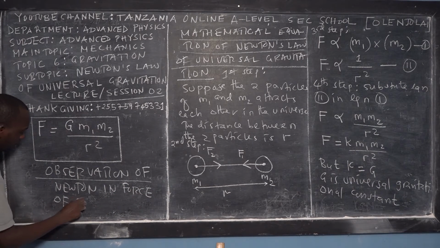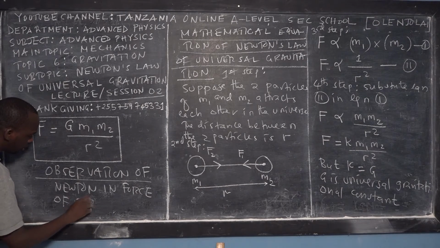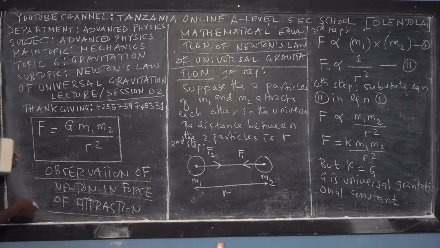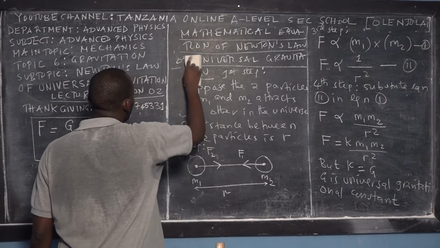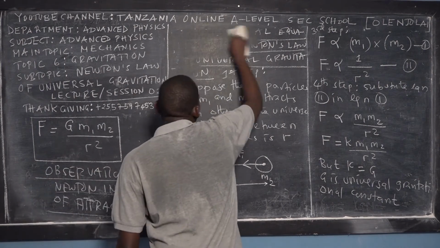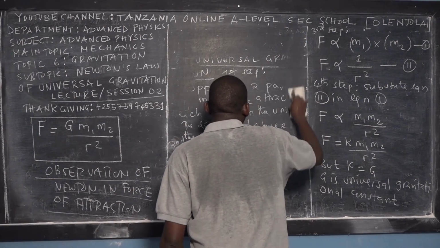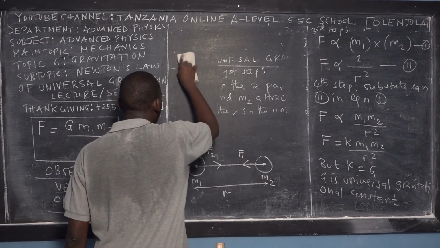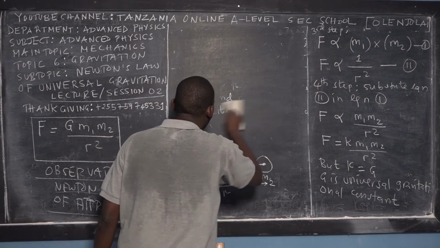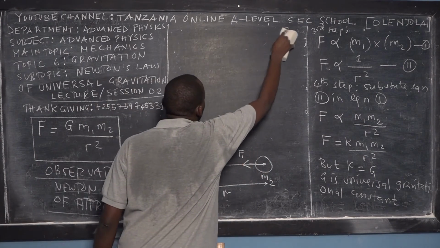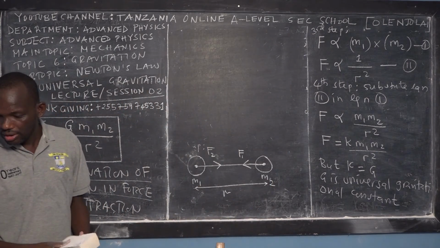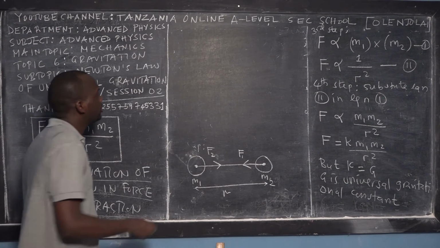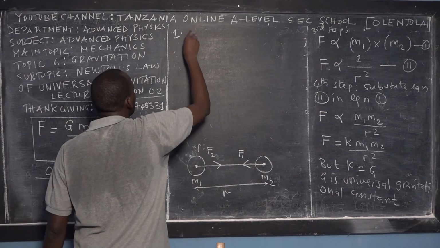This force of attraction explains something very important that Newton stated. Number one, the first observation he found is that the nature of the force is attraction. There is no force of repulsion in the universe, or between two bodies. He said that a body is attracted to another body by the gravitational force.